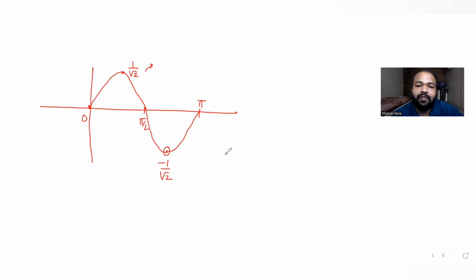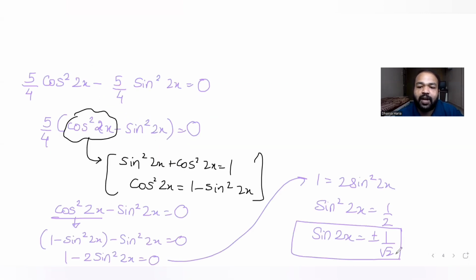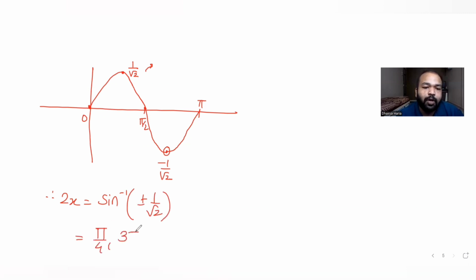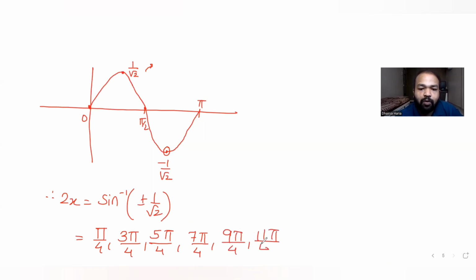So you get 1 by root 2 and minus 1 by root 2 for odd multiples of pi by 4. If I write the values of x, 2x is sine inverse of plus or minus 1 by root 2, which occurs at pi by 4, 3 pi by 4, 5 pi by 4, 7 pi by 4, then 9 pi by 4, 11 pi by 4, 15 pi by 4, and 17.